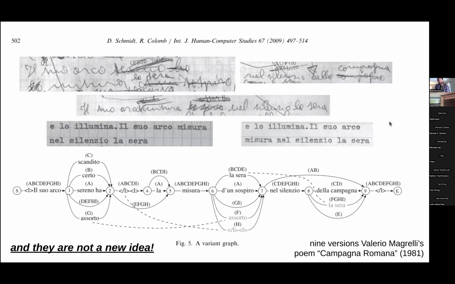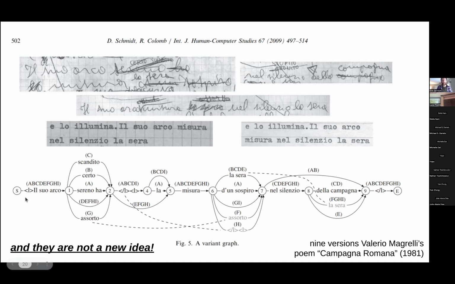Also, I want to point out that this is an idea that's basic enough that it's not new, and it came up in another context where human beings had to understand variation of sequences, which is in archival research. This comes out, I think this is published, in 2009, so years before I started this work with variation graphs. They call this a variant graph. The nodes and edges are reversed, but conceptually it's pretty much the same thing. Here we've got 9 versions of a poem about the Roman countryside that basically let us look at what parts of those versions were conserved and what were varying.